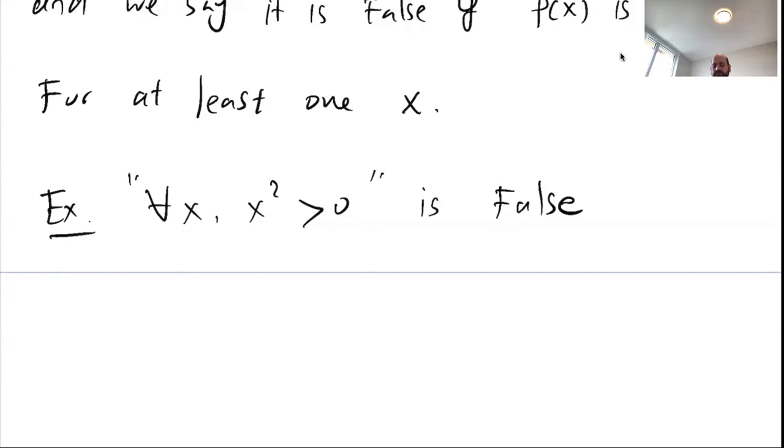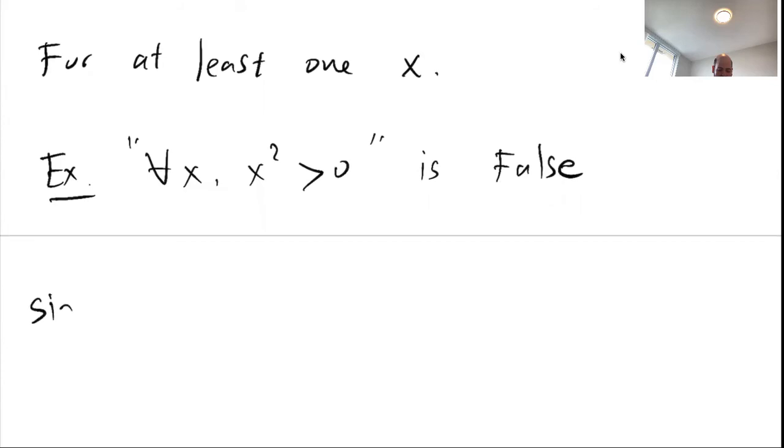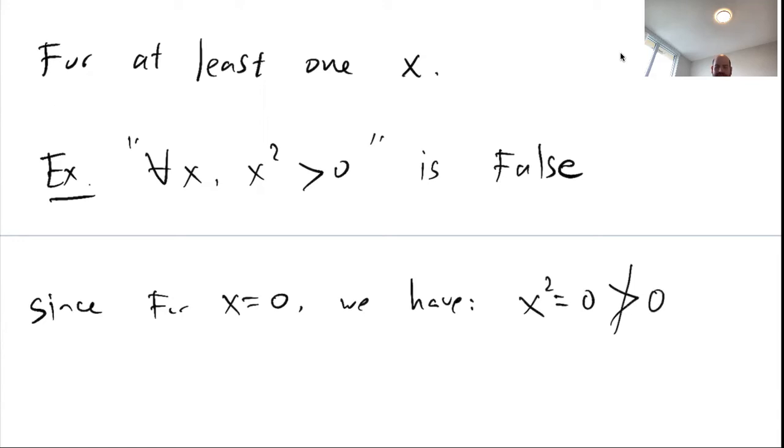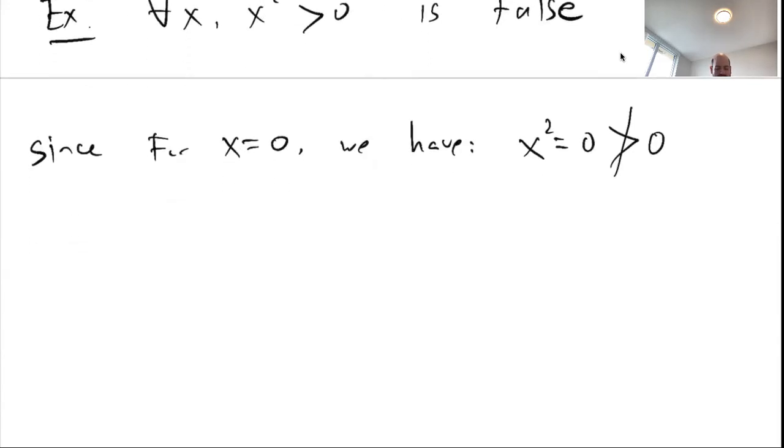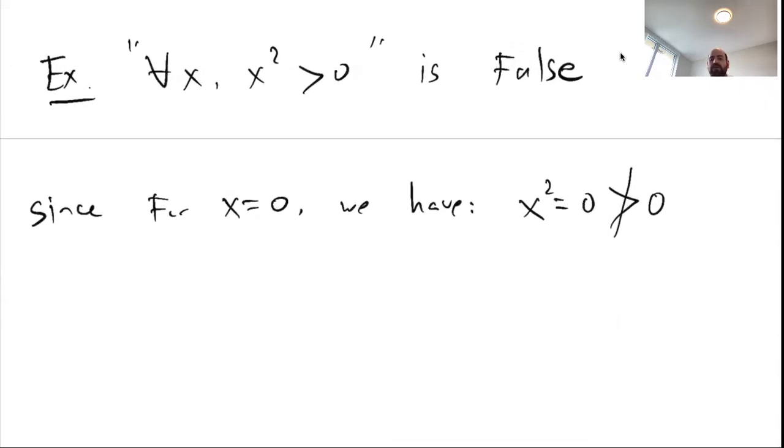Well, this is true for almost all numbers, but there is one exception, and that is x equals 0, since for x equals 0 we have x squared equals 0, which is not bigger than 0. So if your statement is false even for one x, then the statement for each x, p of x will be false. So this statement is false for one value of x, which is 0.